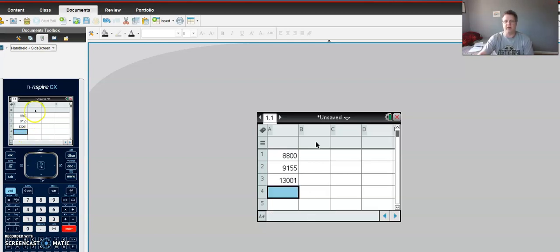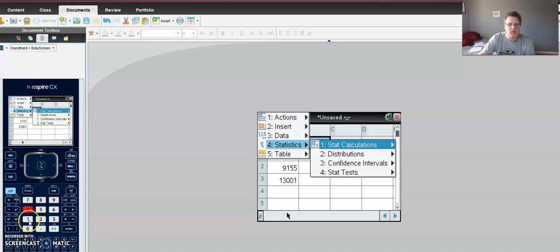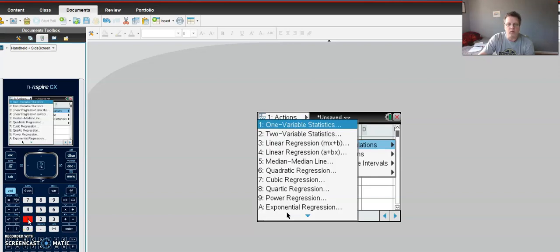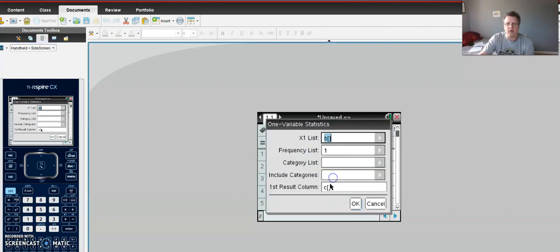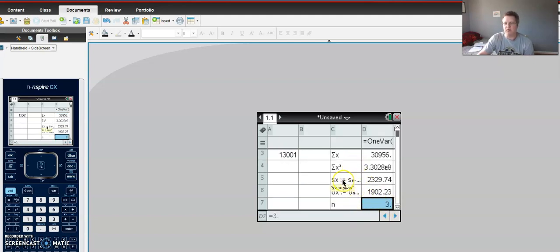Put all your data in, then go up here to menu, 4, 1, 1. Number list 1. X list is in A. First result column is C. Then enter, and there you go. You have your mean. Of course, we're going to use the sample standard deviation. So make sure you plug everything in if you have your calculator and get the mean and sample standard deviation for all of these.